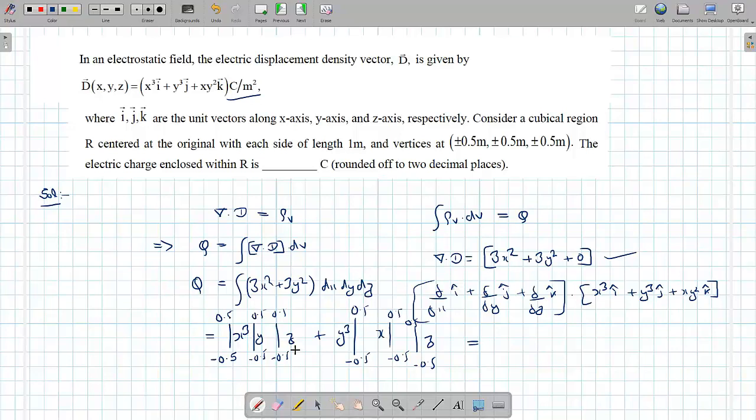Let us solve this. Because both expressions are similar, I can write this 2 times. So it is going to become 0.125 minus 0.125 for the first factor, next 0.5 minus minus 0.5, next 0.5 minus minus 0.5, which gives 1 into 1. So that is the charge. The answer for this is 0.5.